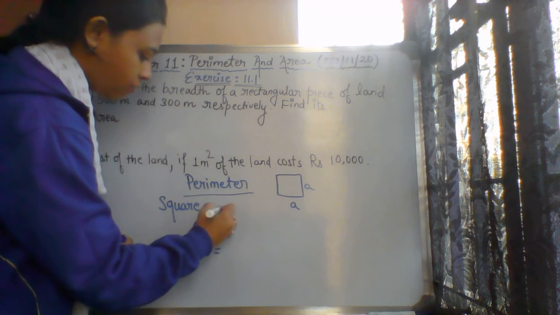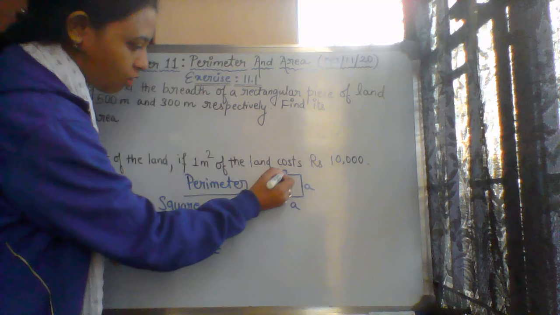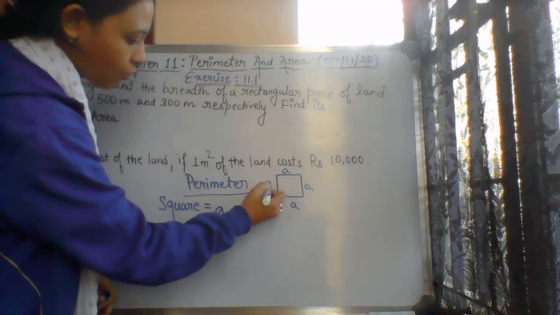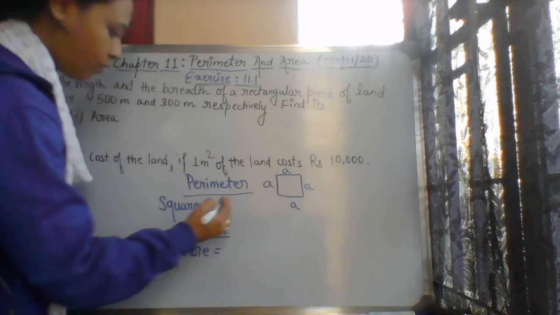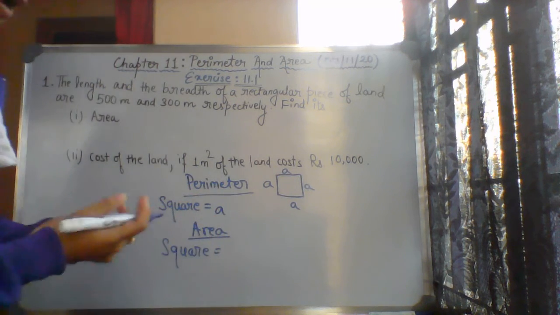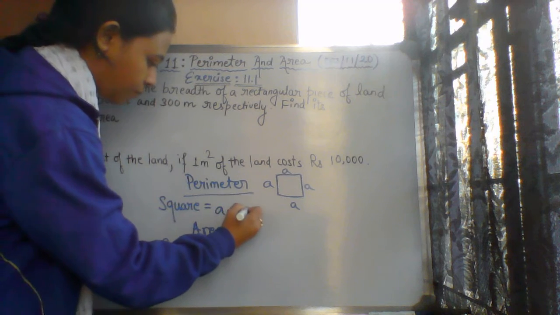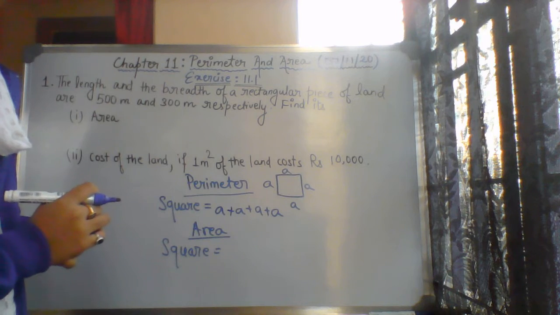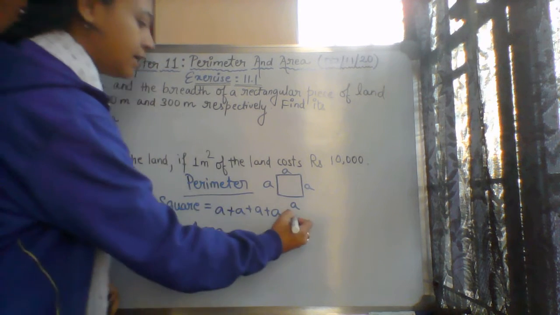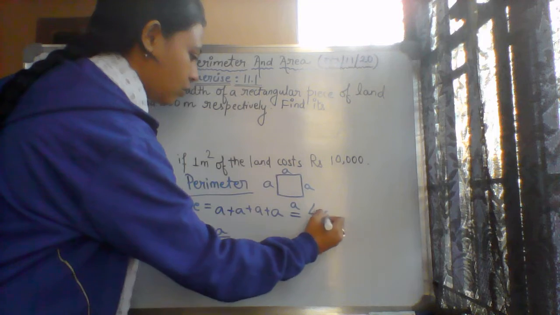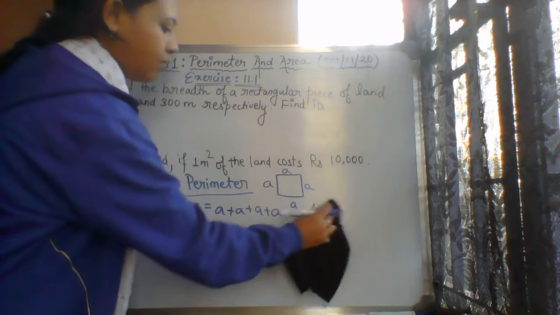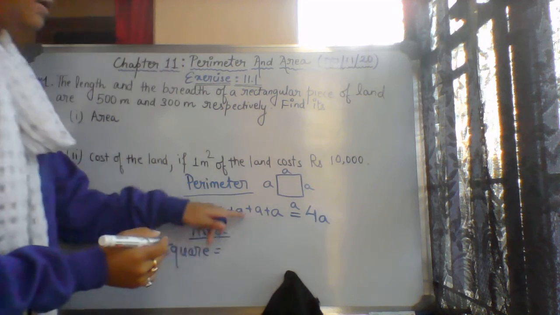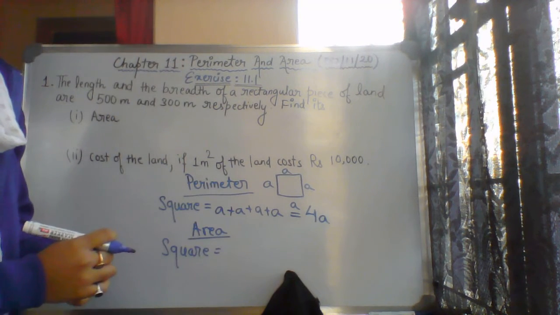Here we have A, and opposite sides of a square are equal, so all sides are A. So A plus A plus A plus A can also be written as 4 into A, or 4A.